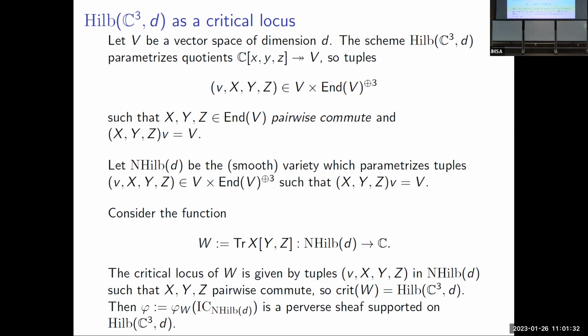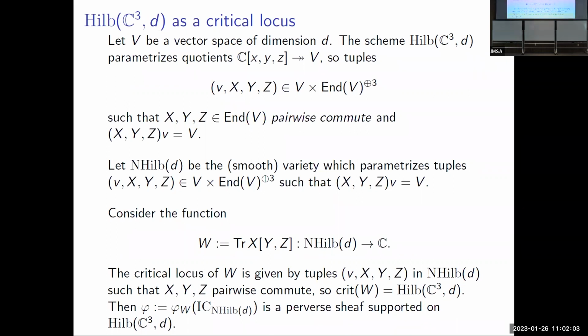But then by permuting the x, y, and z in the expression of w, you get that up to a sign, w is also the trace of y times the commutator of z and x. You do the same argument using the partial derivatives for the y coordinates. You also get that x and z commute, and that x and y commute. So they all pairwise commute. So indeed, the critical locus of w is exactly the Hilbert scheme of d points on C3.